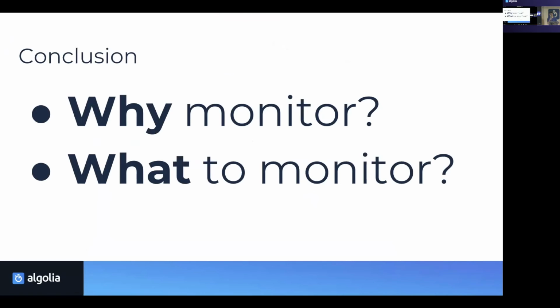If you have to remember two things: before doing any monitoring, it's important to ask why we want to monitor. Is it for us? Is it for our customers? Is it for transparency? Is it to get more customers? Whatever. I think that's the main point. And then from this, you are able to know what to monitor. It really depends on every system.